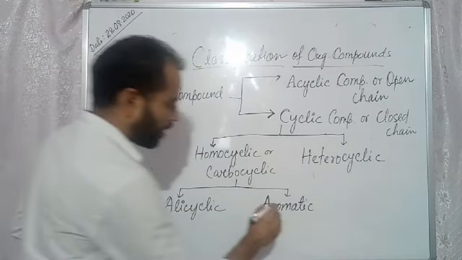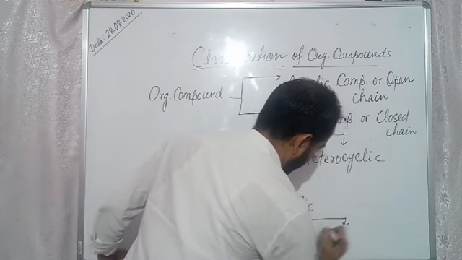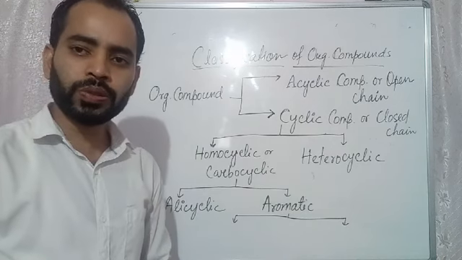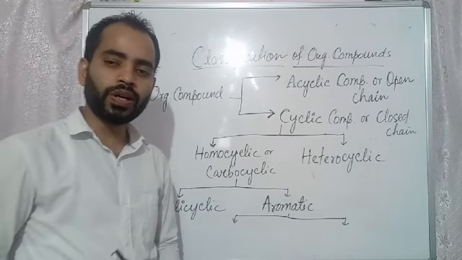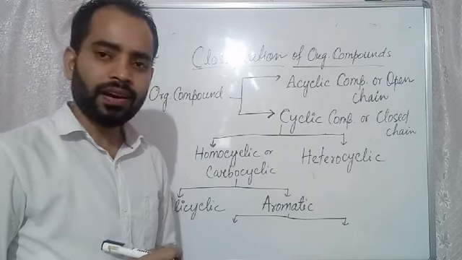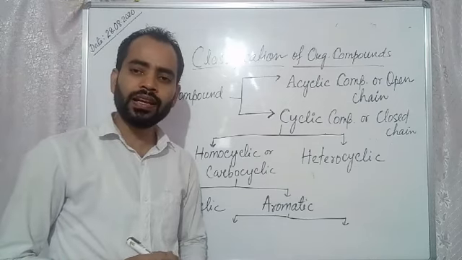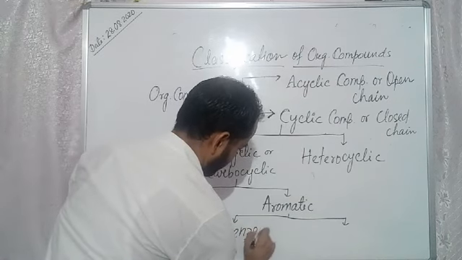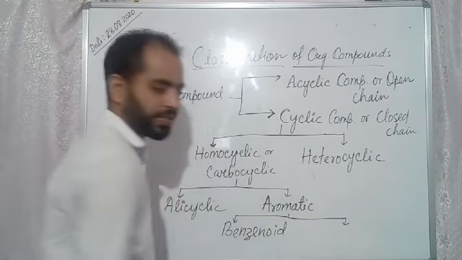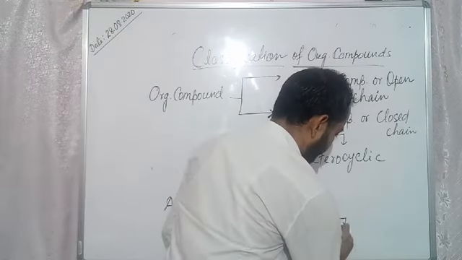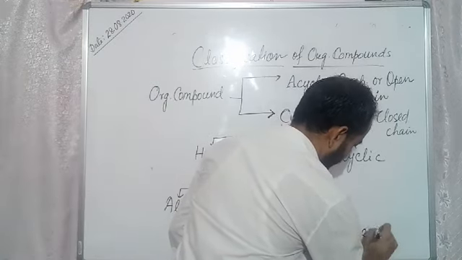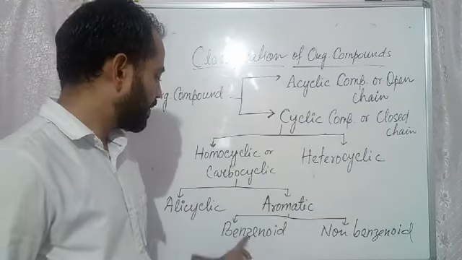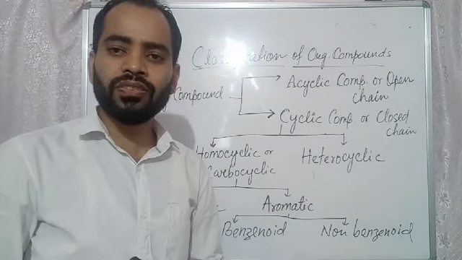Okay. Now this aromatic compound can be further subdivided into two different categories. What are those? These are called benzenoid and non-benzenoid. Benzenoid means benzene ring is there.